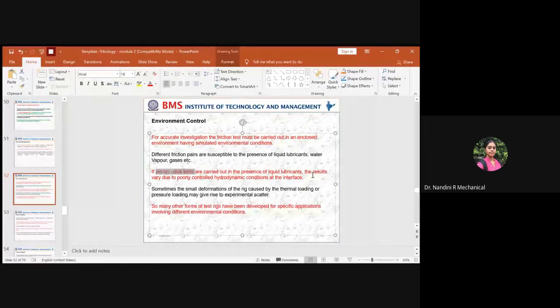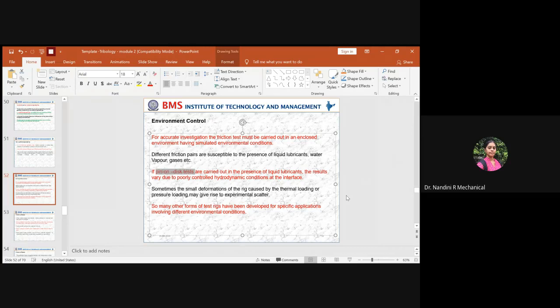So the result in the case of the pin-on disc test is that the results will vary due to poorly controlled hydrodynamic conditions at the interface. Based on the liquid, there will be variation with respect to the grade. Hydrodynamic is nothing but the flow of fluid and the associated energy due to its movement.